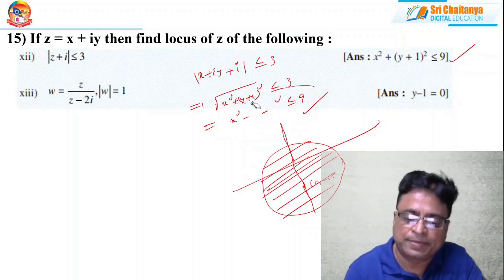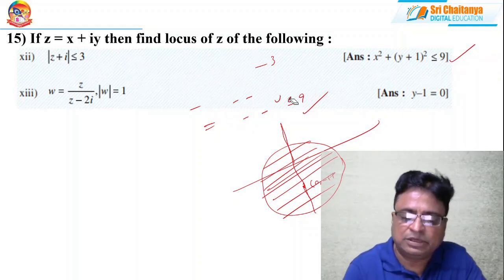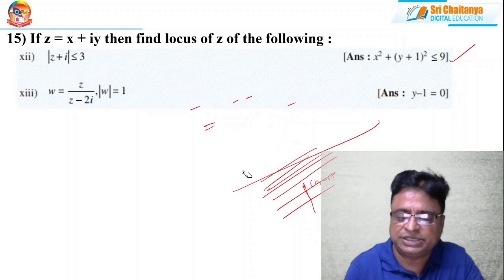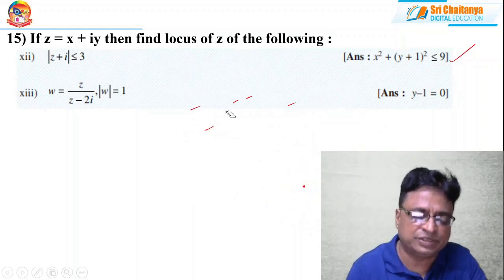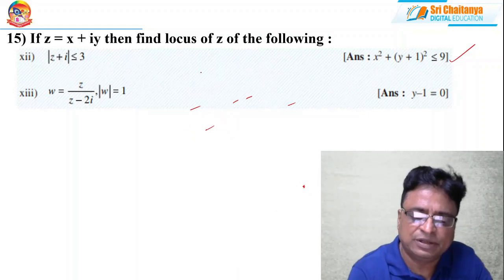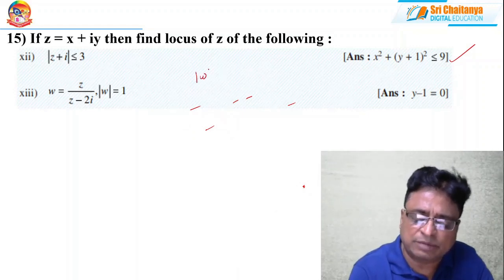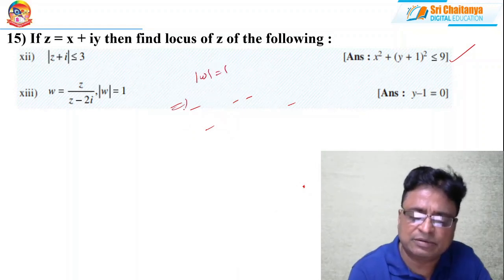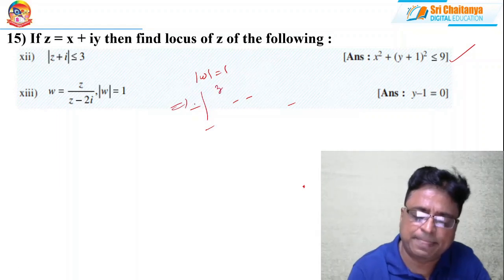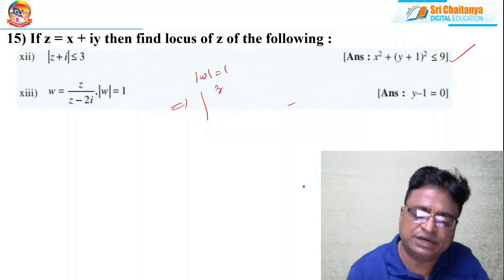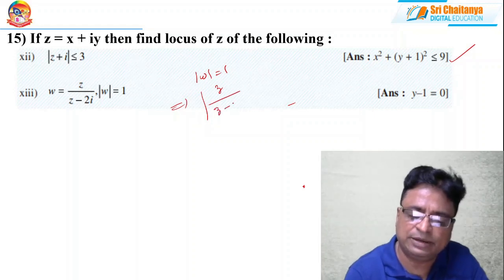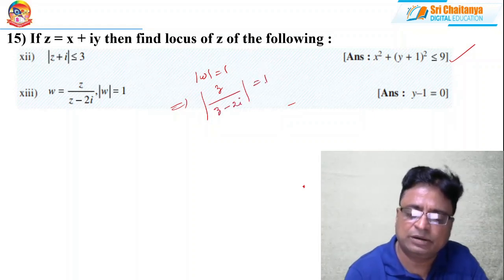Now coming to the 8th problem. w is equal to z by z minus 2i, where mod z is equal to 1 is given for you. That means mod w is equal to 1 means mod of z by z minus 2i equal to 1.